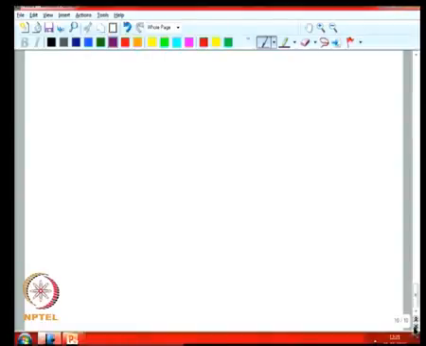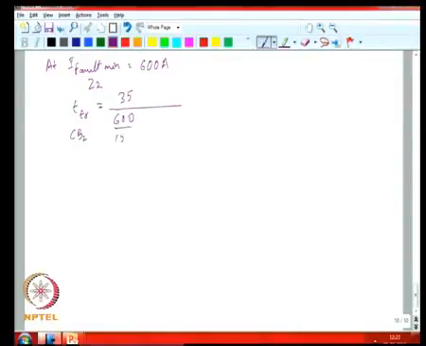So, if you look at the current level of 600 amps, your trip time of the breaker, at your reduced current level, the minimum current level.